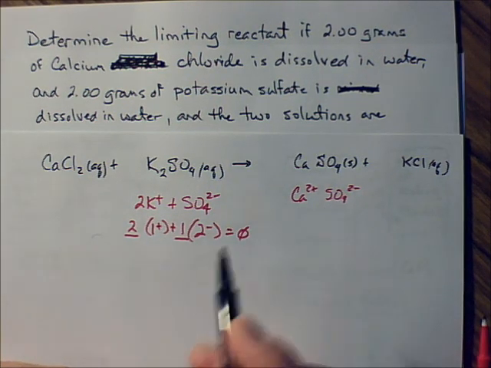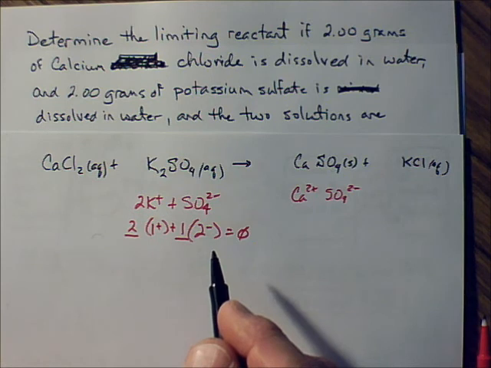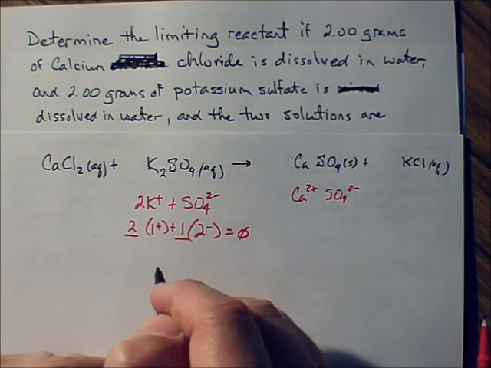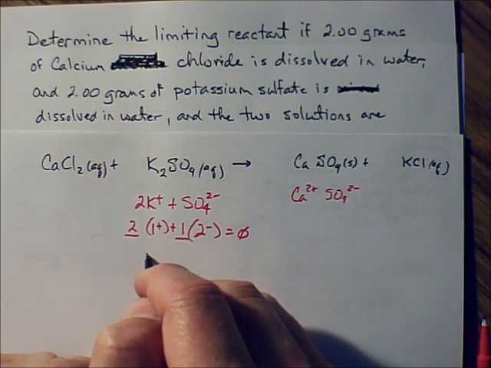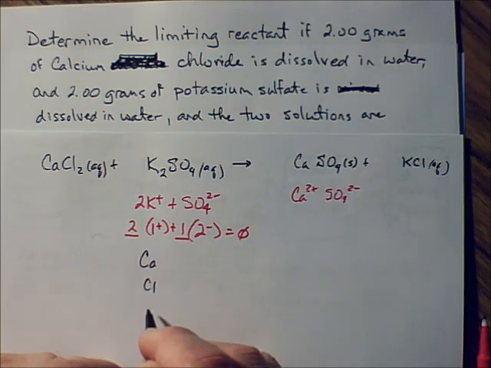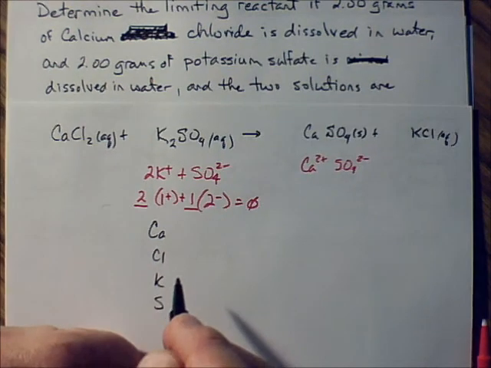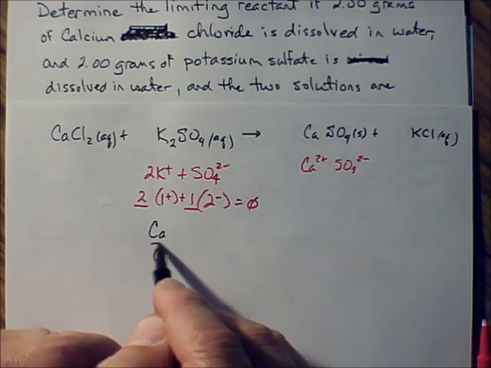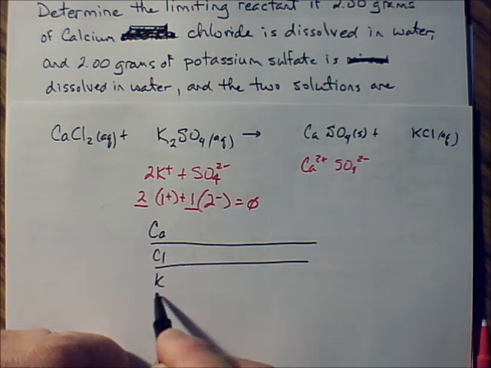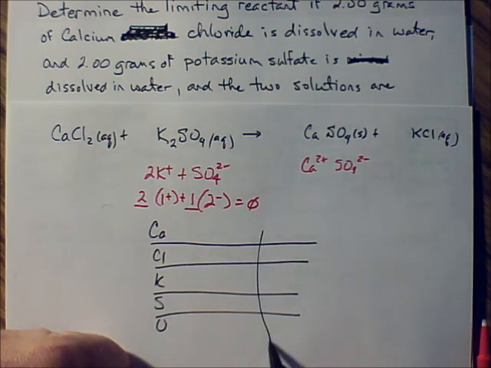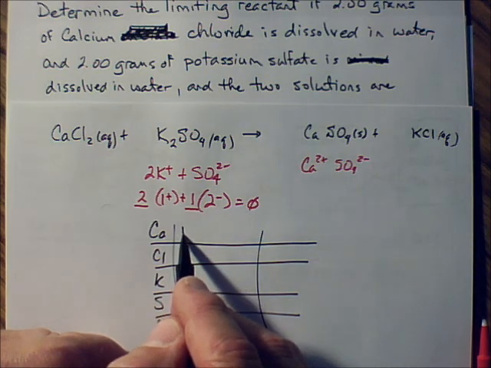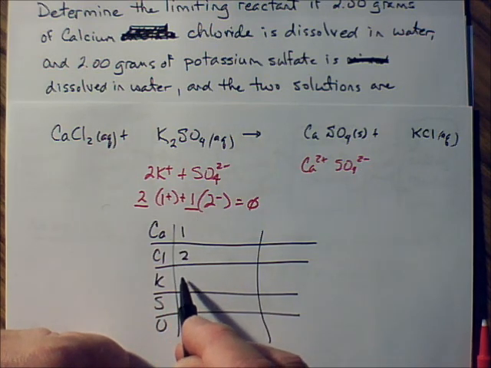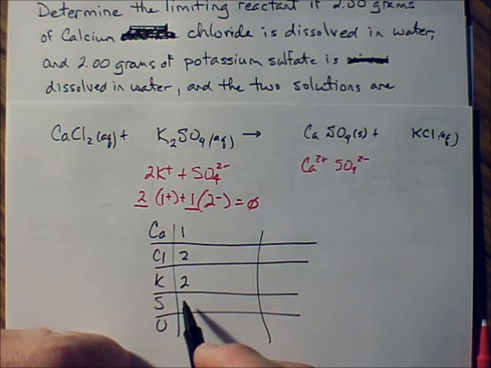All right, now we have to balance the equation. And what is the tool we use for balancing equations? AI, atom inventory. Calcium, chlorine, potassium, sulfur, oxygen. Make our grid. All right, got one calcium, 2 chlorines, 2 potassiums, 1 sulfur, 4 oxygens on the left side.